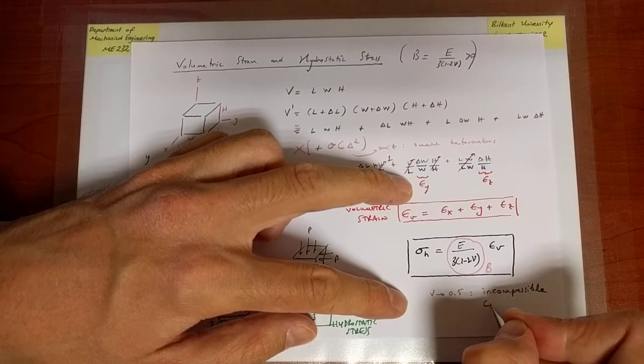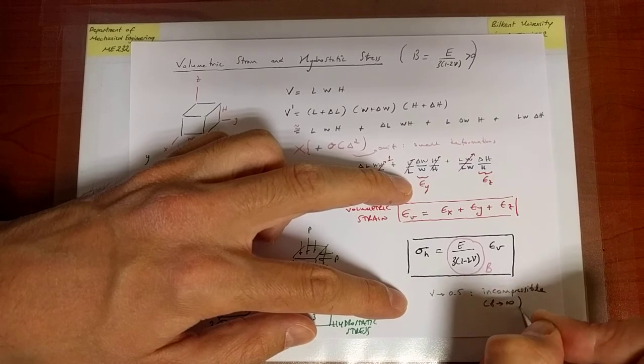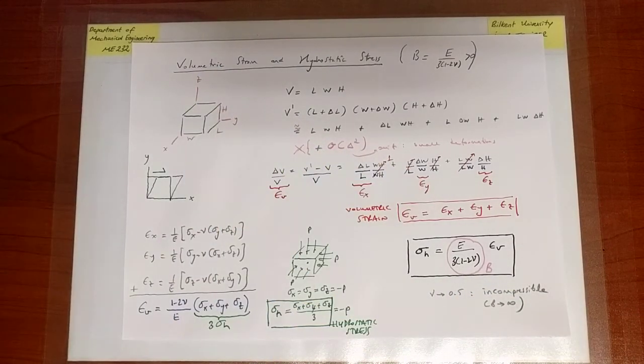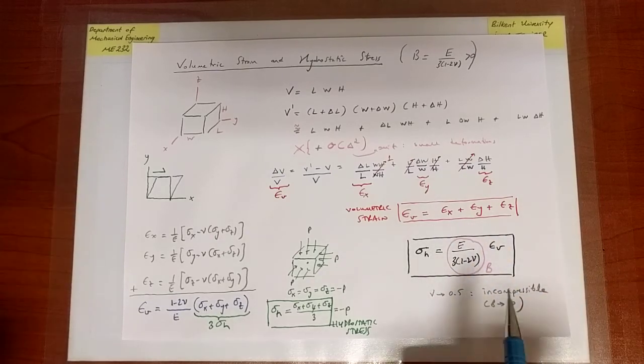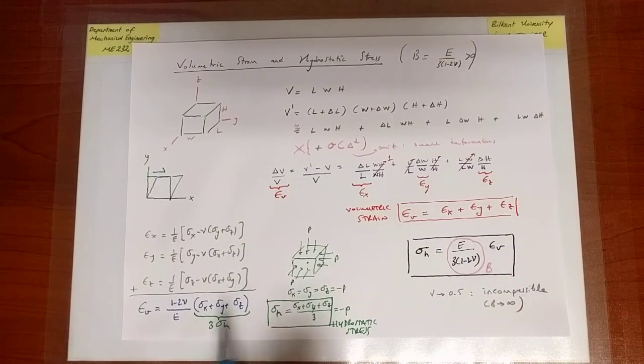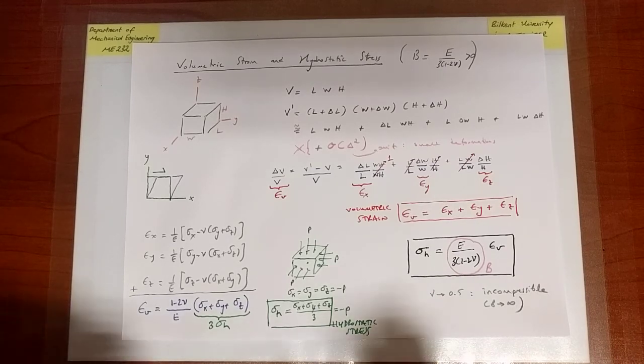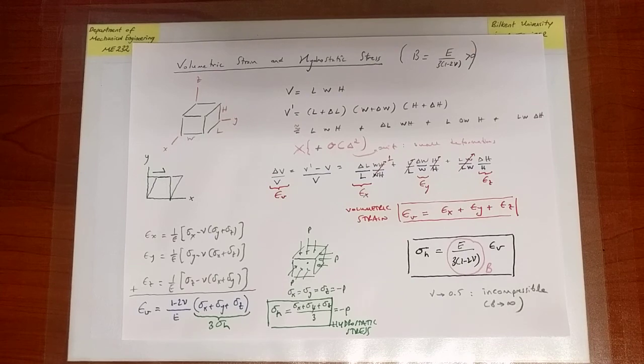And that's because B is going to infinity. Okay, so this is also a nice example, a topic on its own, where we made use of generalized Hooke's law to derive a material property of interest. So next, we're going to solve yet another example that has to do with the generalized Hooke's law.